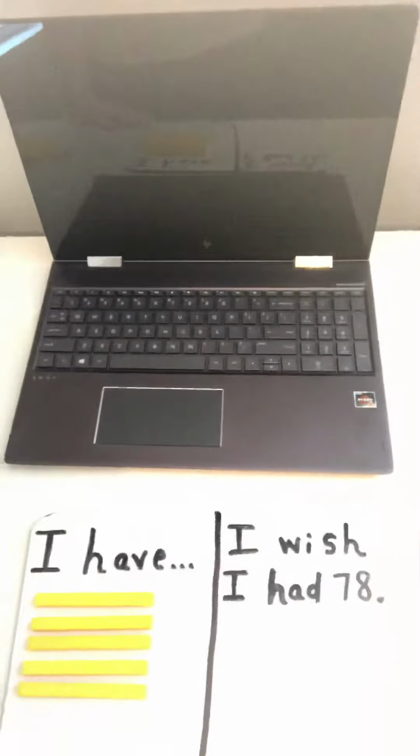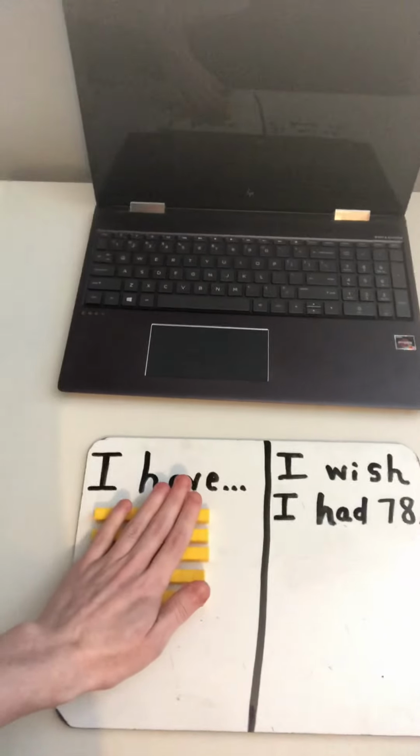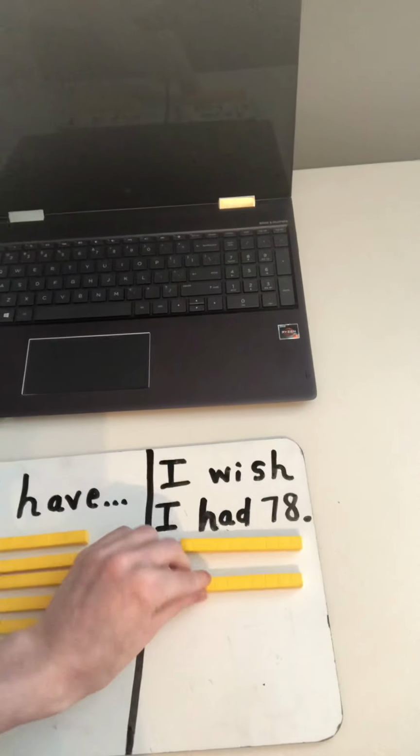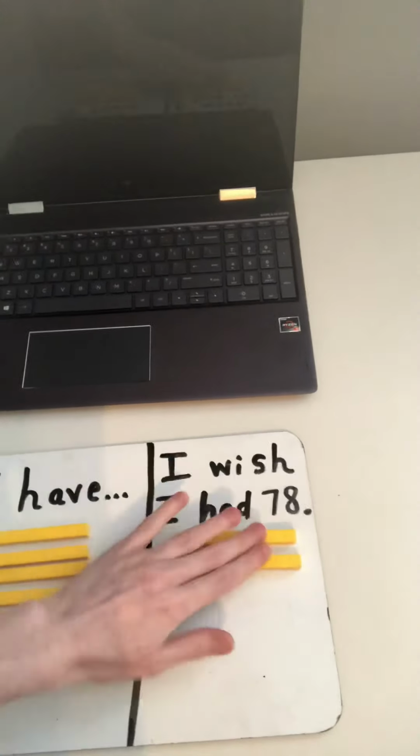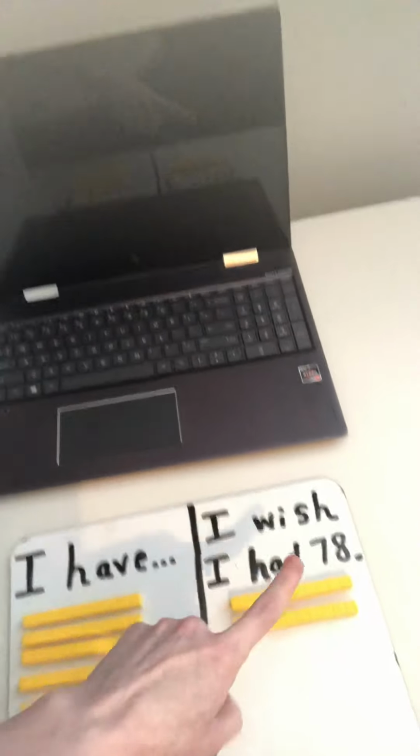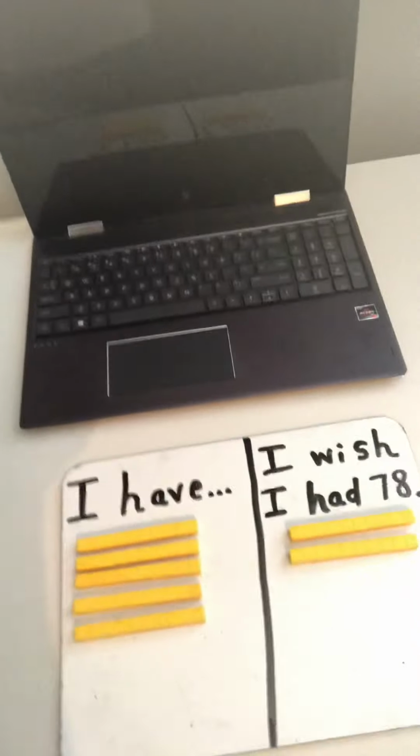How am I going to make 78? I have 50. If I add 2 more tens rods over here, how many does that make? Let's count together. 10, 20, 30, 40, 50, 60, 70.